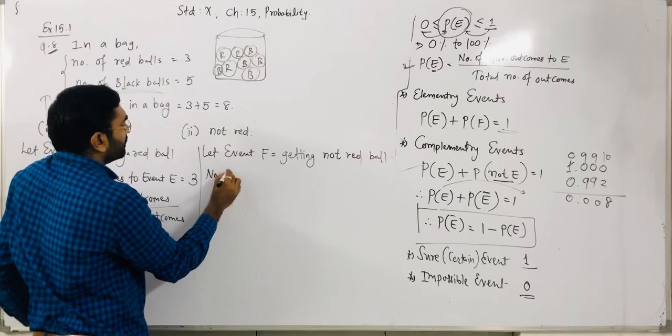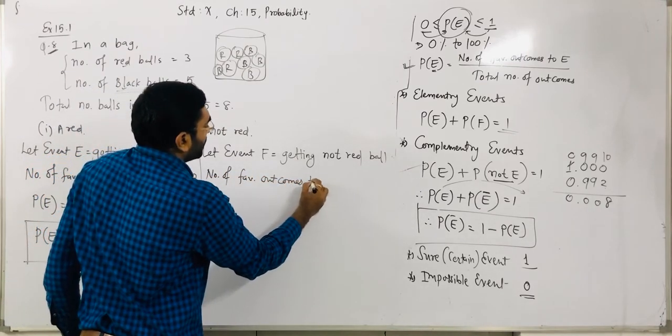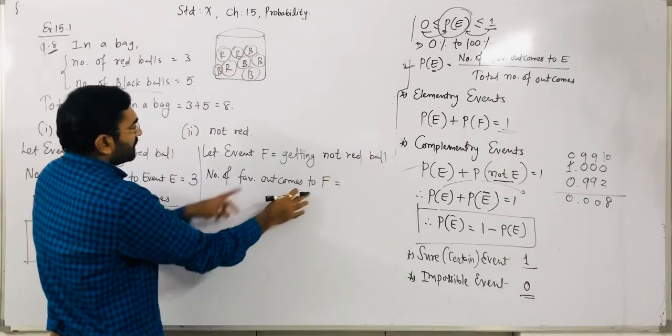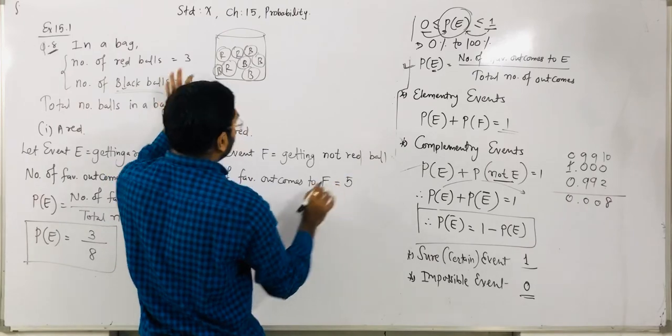So the number of favorable outcomes for event F. Event F is what? Not a red ball. Not a red ball we get as 5 from the bag, right?